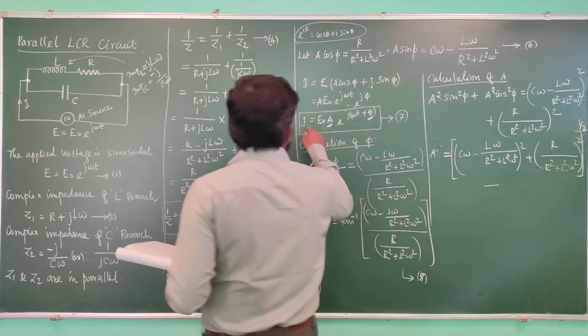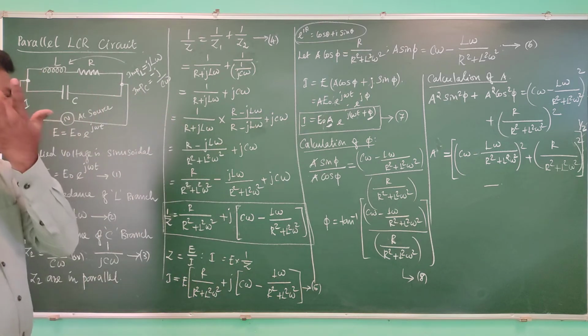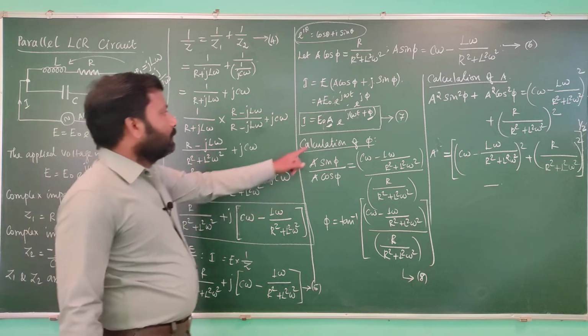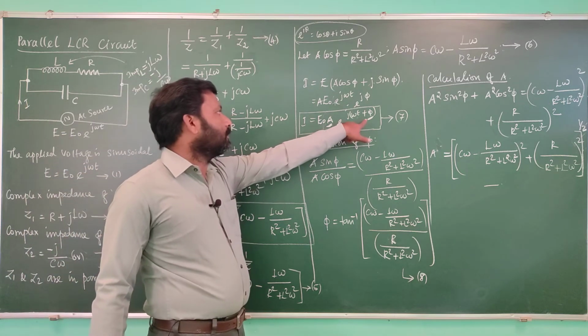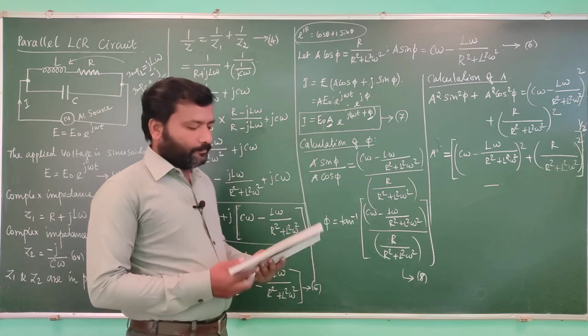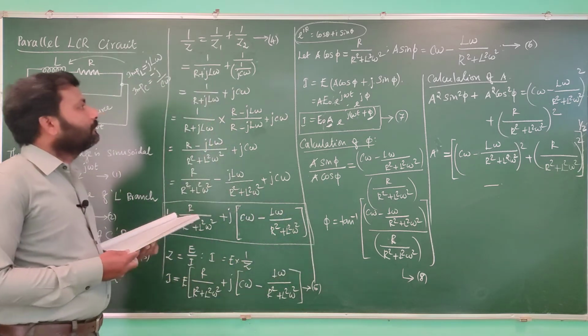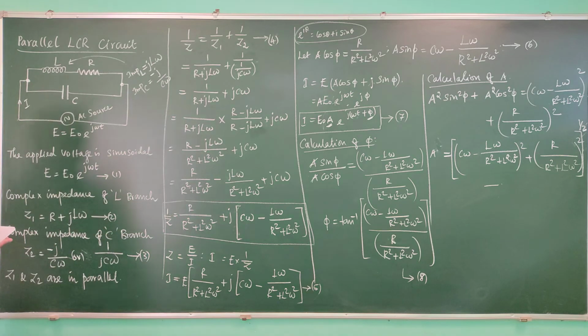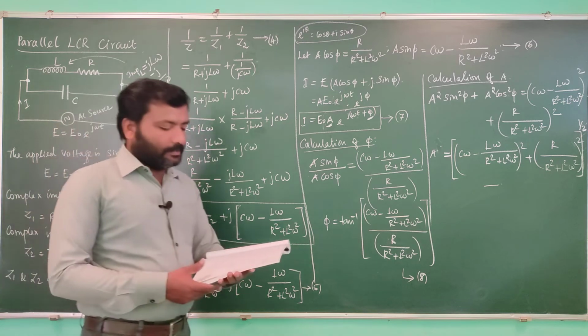So in this expression, we have calculated the expression for current in a parallel LC circuit, where there are two constants, the arbitrary constant phi and a. We have calculated those terms. Fine. Now let's calculate the admittance. Admittance is nothing but the reciprocal of impedance.